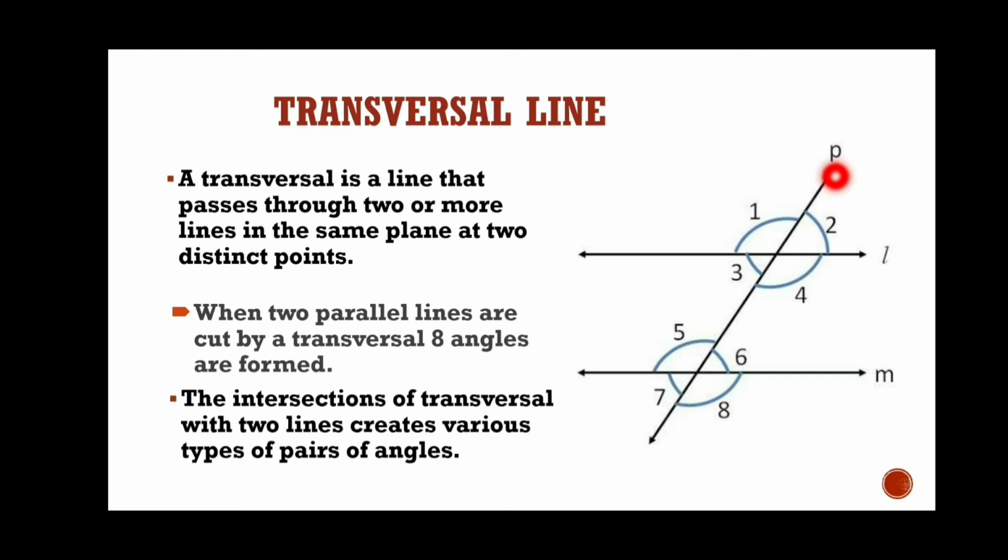You can see P is intersecting line L at this point and M at this point, not at the same point. So this line P is called a transversal line.